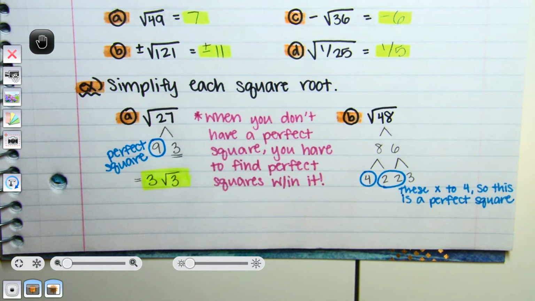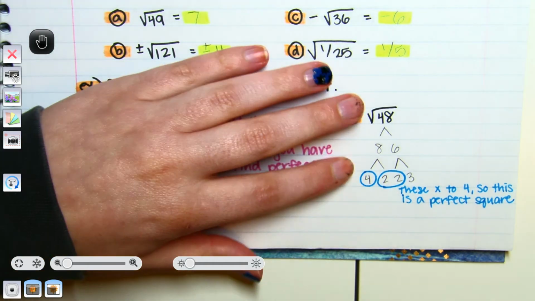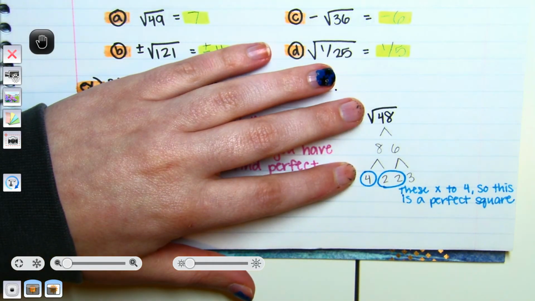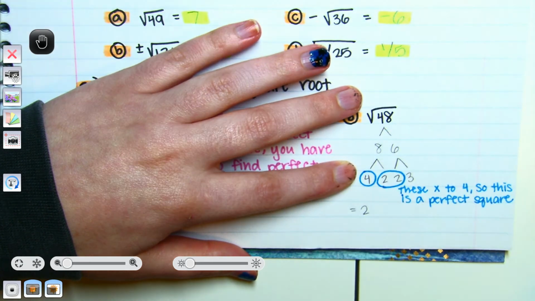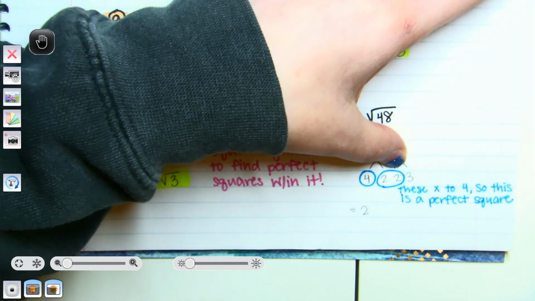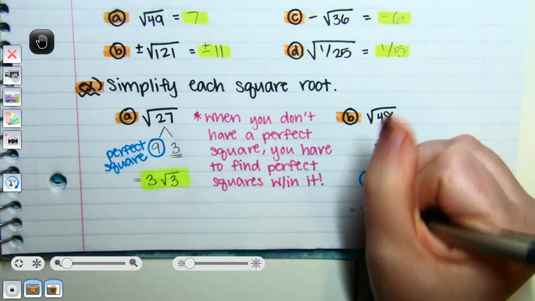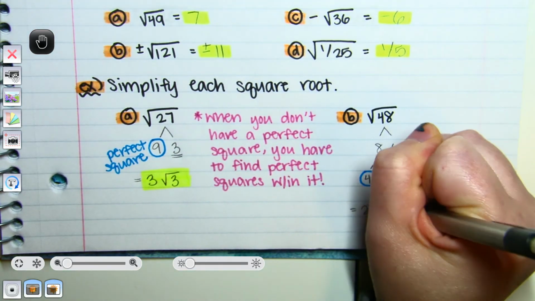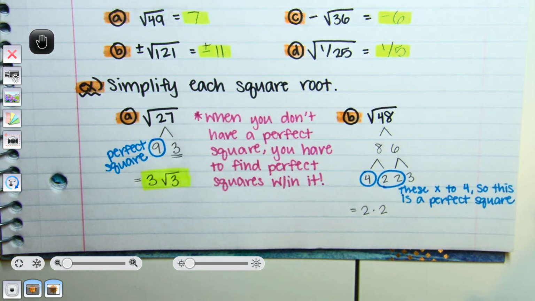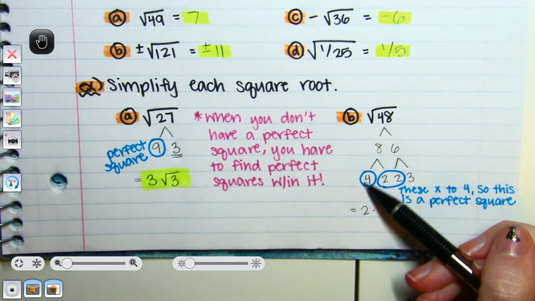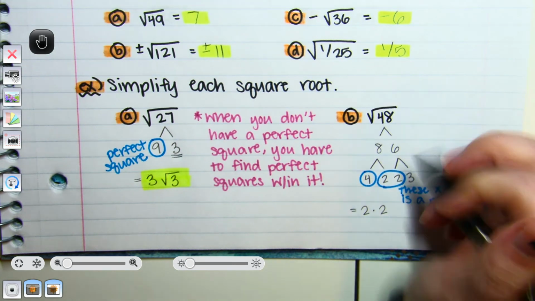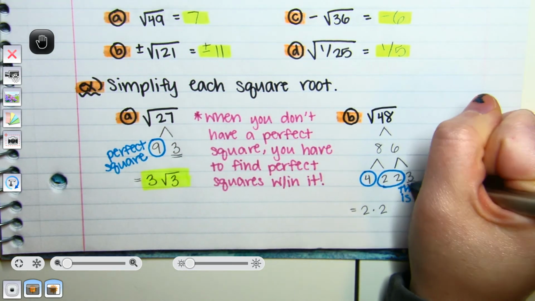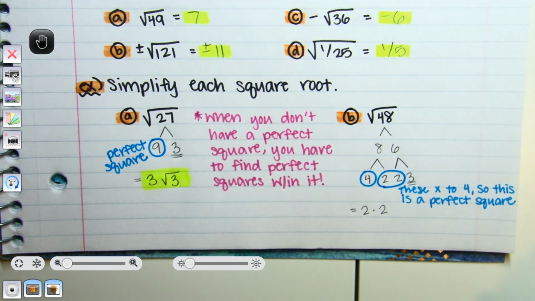So what comes outside of the radical? From this 4, we bring a 2 outside of the radical. From this other one, the 2 times 2, that gives me another perfect square of 4, so another 2 will come outside of the radical. And then I'm looking at the bottom of all my little, I call these trees. At the bottom of all my little trees, the only number left that I didn't use is this 3.